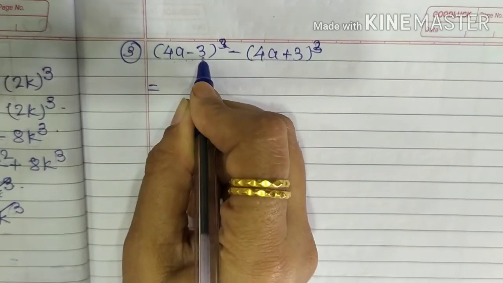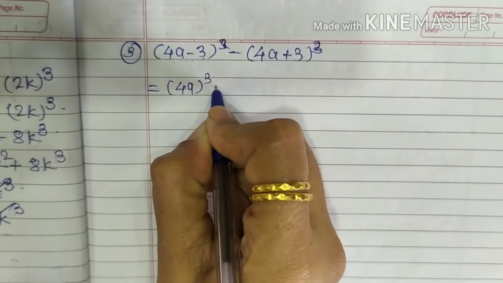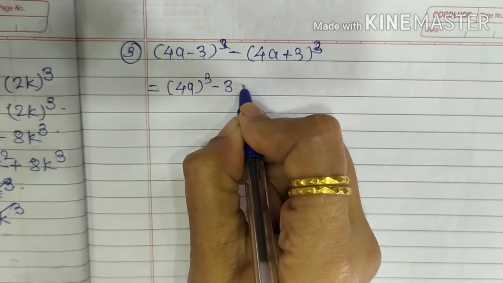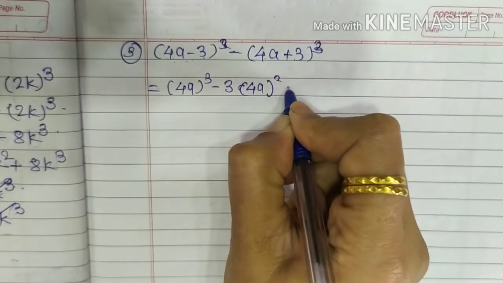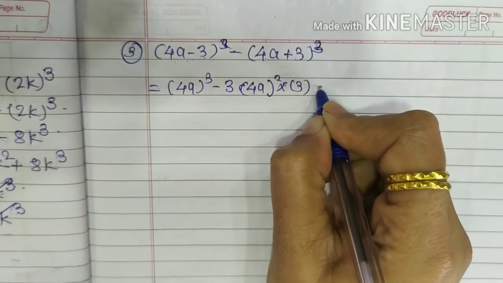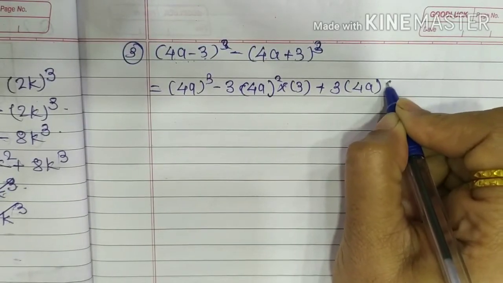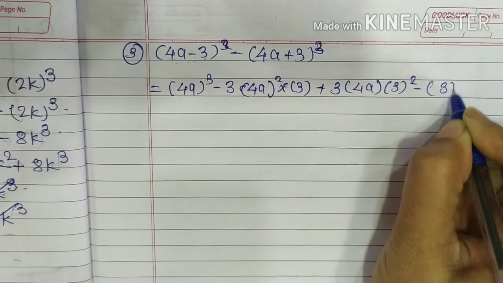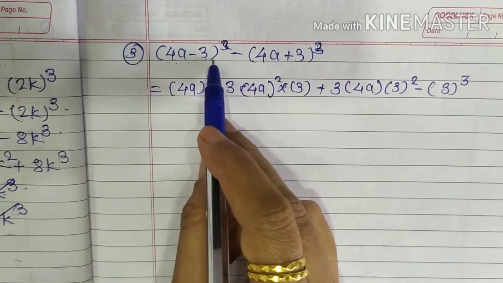This is first term, this is second term. 4a cube minus, here is minus sign, hence 3 into 4a square into 3, plus 3 into 4a, 3 square, minus 3 cube. This is the expansion of this first bracket.